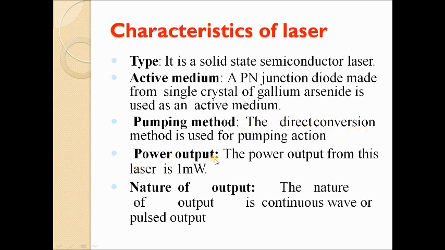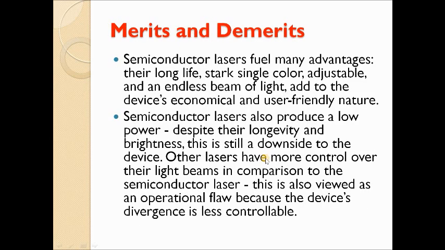Power output in the case of heterojunction laser is 1 milliwatt, and in the case of homojunction laser it is also in the order of milliwatt, but it's a few orders. The nature of output is usually continuous wave or a pulsed output wave.